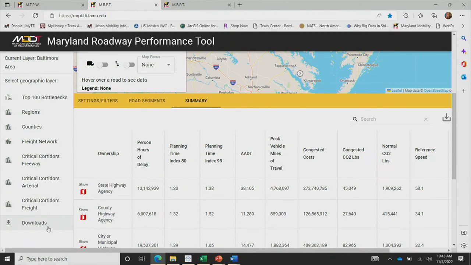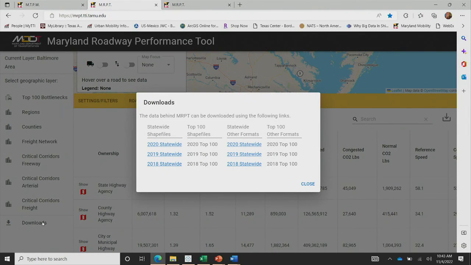The last thing I want to mention, I won't go through all the rest of this because it's kind of the same thing, but I showed you some of the functionality, is we make available all of the information downloadable in shape files. So if you wanted to get all of the data behind it, you can, and then you can throw it into Tableau or ArcGIS and make a presentation that you want to tailor.